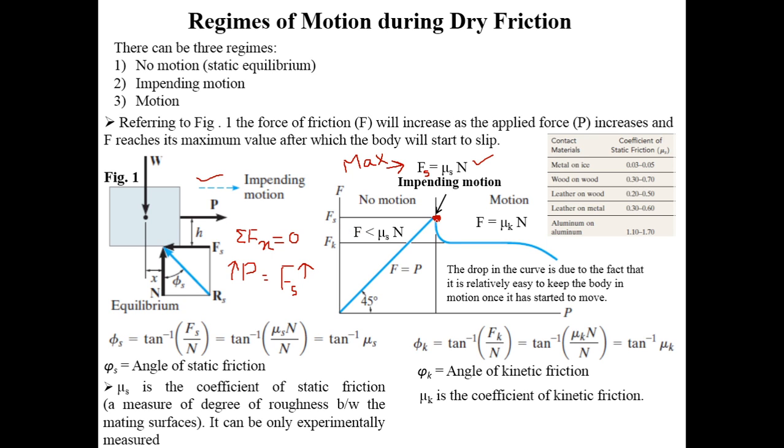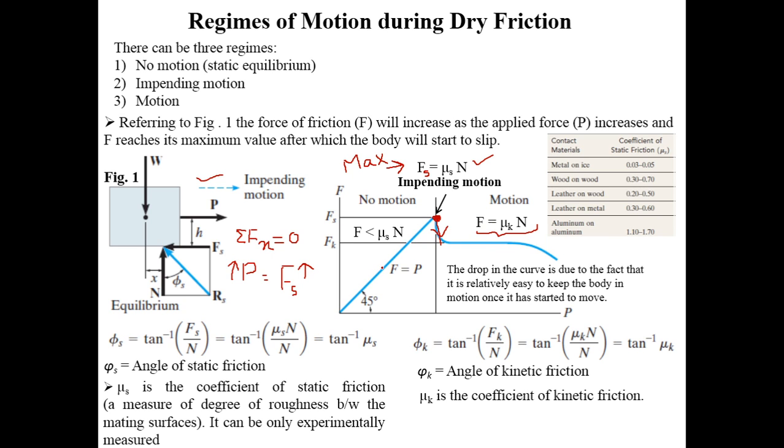As soon as it is in motion, the force of static friction will start to drop, and it will become the force of kinetic friction, which is equal to mu k N. And that is why this graph is dropping, because the force of kinetic friction is smaller than the force of static friction, because once the body starts to move, it is easier for it to keep moving, and therefore the force of kinetic friction is smaller.